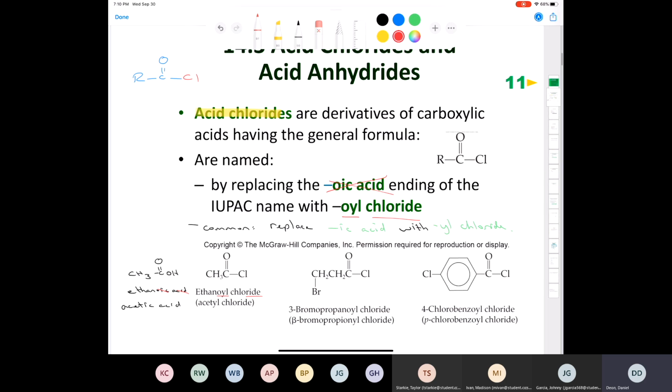You can see that that's what's happening here in this example. We have acetic acid, we remove "ic acid," and we replace it with "yl chloride," and we get acetyl chloride, or sometimes people pronounce it acetyl. Either way is fine with me.